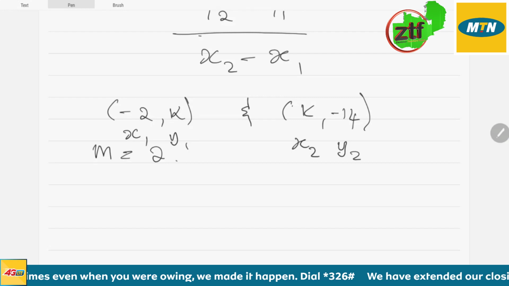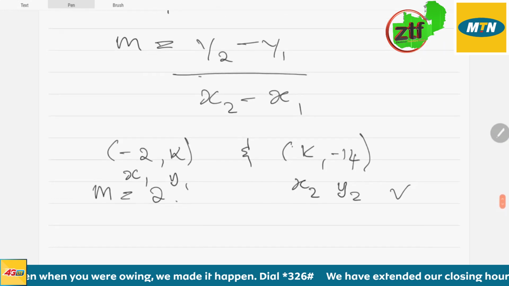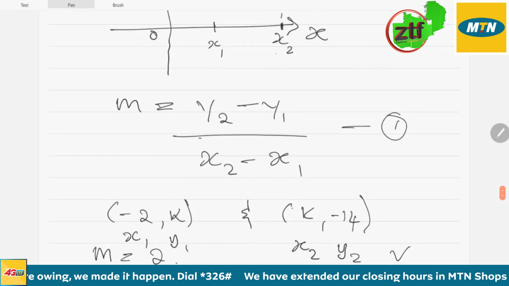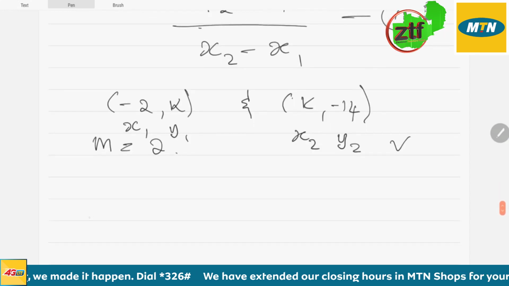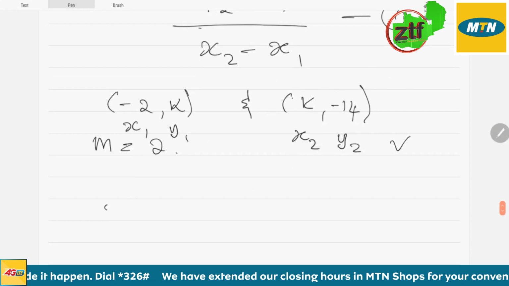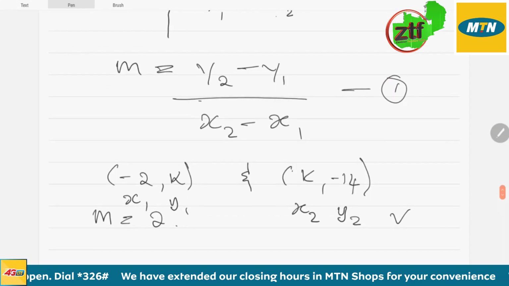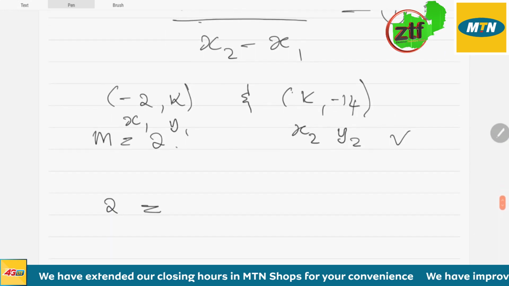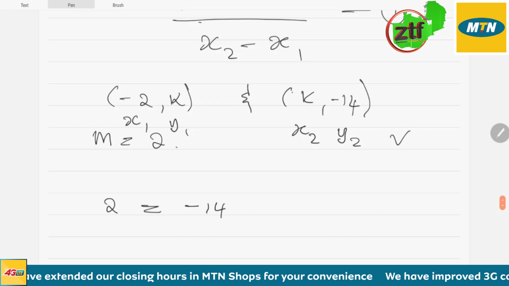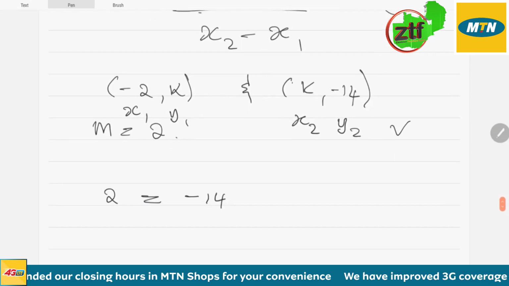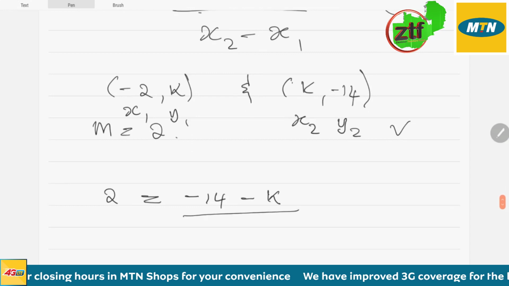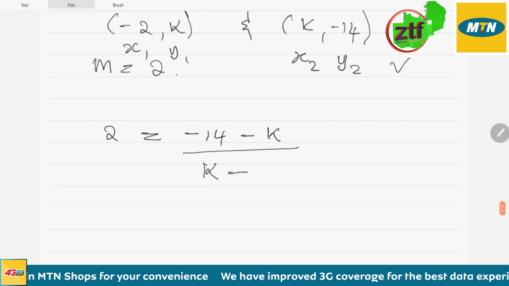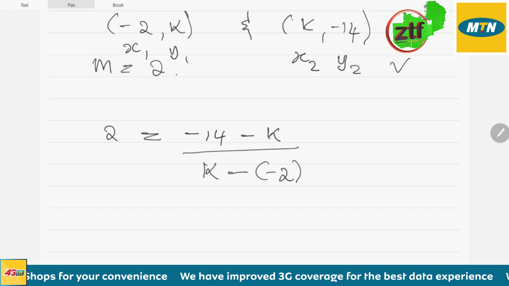So substituting these parameters into our formula, m is equal to change in y over change in x, we have the gradient, which is positive 2. Then we have our y2, negative 14, then minus our y1, which is k, divided by x2, we have k, then minus our x1, which is negative 2.